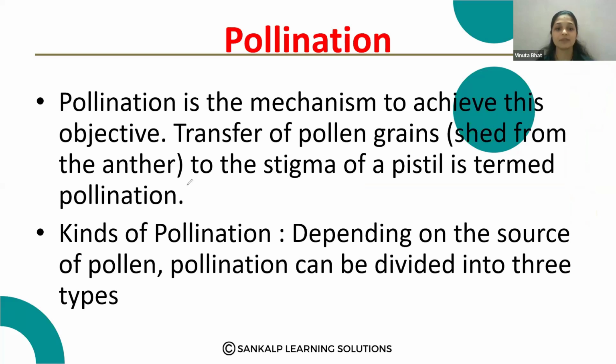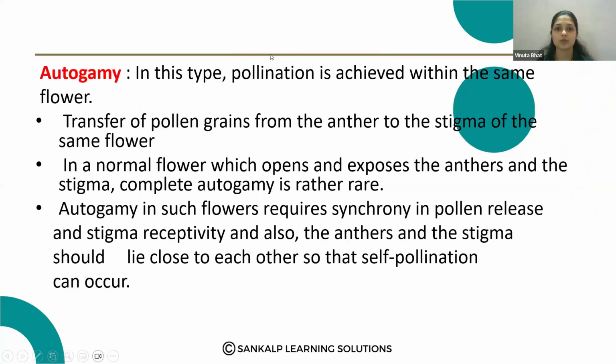Then there are different kinds of pollination. Let us study the kinds of pollination. First one, autogamy. What is autogamy? It is the transfer of the pollen grains from the anther to the stigma of the same flower.